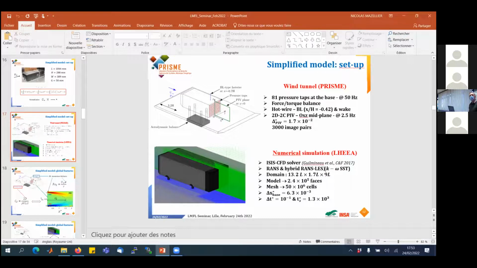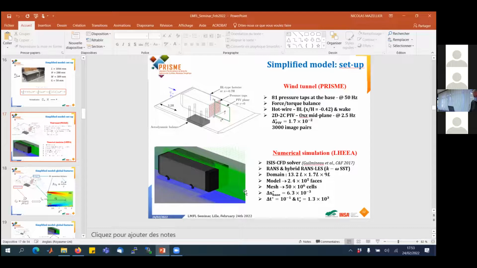Whereas the hybrid RANS-LES, by definition, should be done with time resolution. So obviously the hybrid was more expensive. If I remember well, I'm not the expert of this part, it was something like 3 weeks of computation to get one typical time scale, in fact.